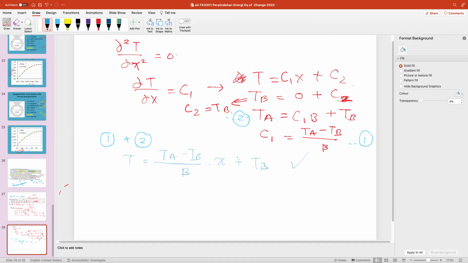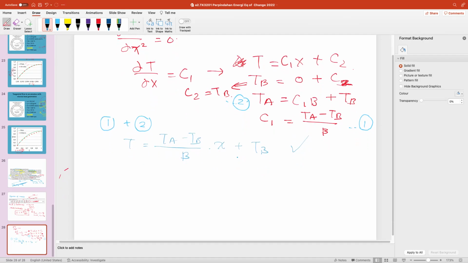But sometimes we like to write the temperature as a difference. So with the reference, we can write T minus TB equal to TA minus TB multiplied by x over b. So we change this b into here, because this is also the constant related to temperature, we can divide them by that one.